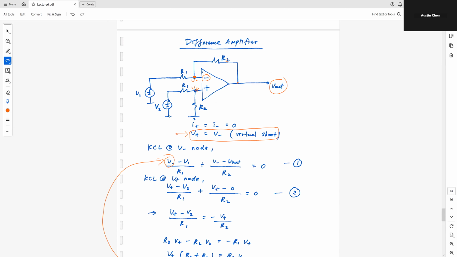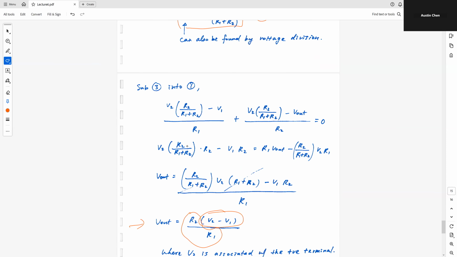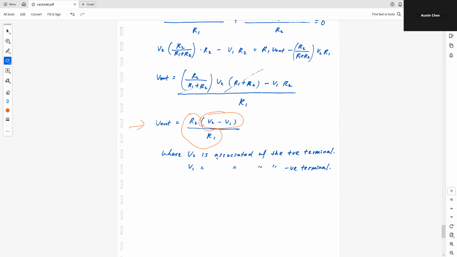So I'm simply taking the difference between V2 and V1, and then multiplying by the ratio R2 over R1 to get the output voltage. If you set your R2 and R1 ratio correctly, you will get a scaled version of the difference between V2 and V1, following this equation.